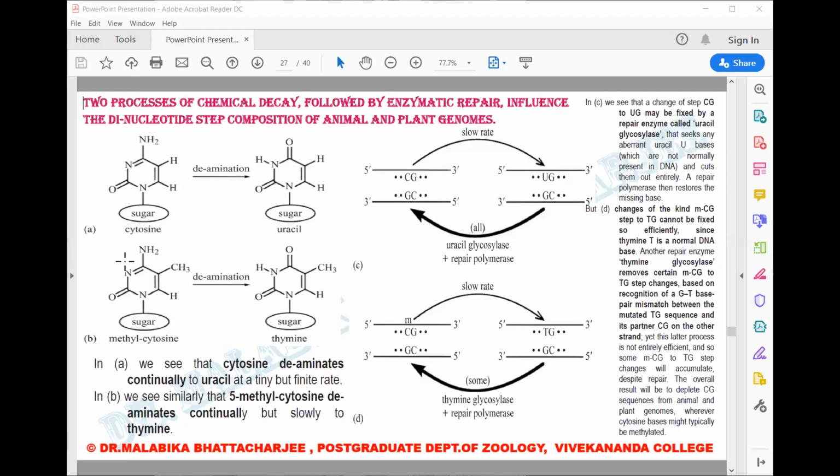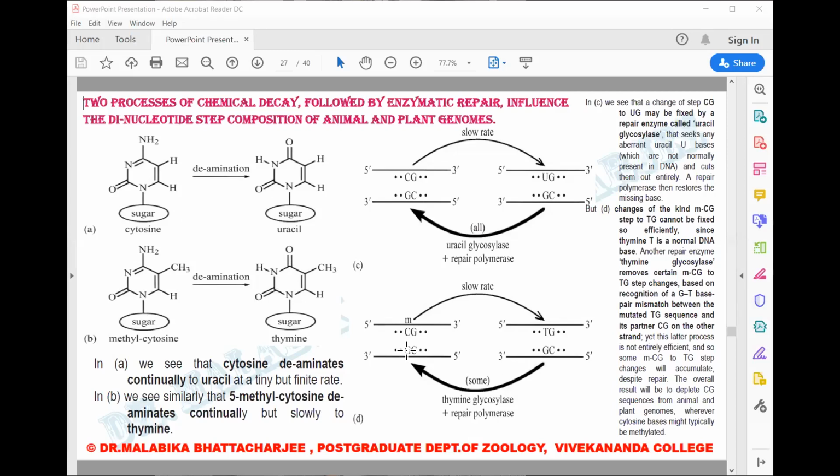But it sometimes happens that when 5-methyl cytosine is spontaneously deaminated to give rise to thymine, thymine is a natural DNA base and seems to interfere with the efficient repair of the lesion. Even though there is a thymine glycosylase, this repair mechanism is not that efficient.